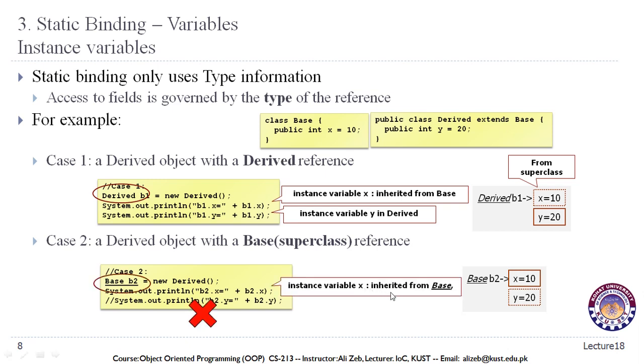The instance variable x is inherited from the base class, so x can be accessed by the object that has been initialized with the superclass reference. But the variable that has been declared exclusively in the subclass, there is no y declared in the base class. It will give us a compilation error.